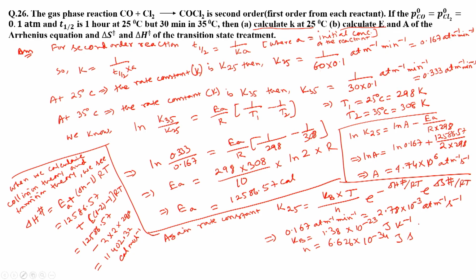Now, if we use all these values, and delta H dagger we have also calculated, we put those values and get delta S dagger as minus 32.02 calorie per Kelvin.